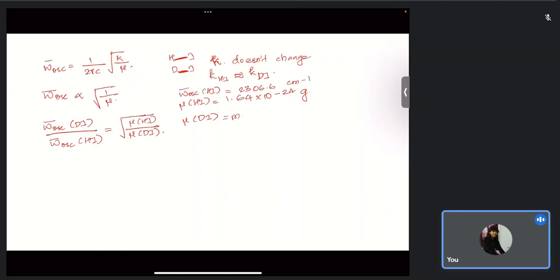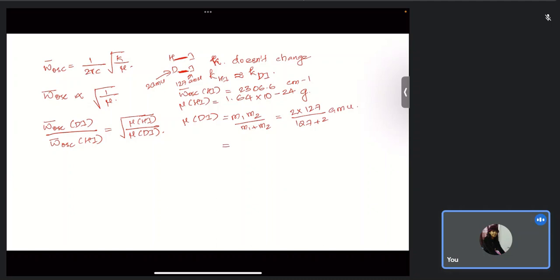So the reduced mass of DI we have to calculate. That is M1 M2 divided by M1 plus M2. So this is 2 AMU, whereas this one is 127 AMU. So 2 into 127 divided by 127 plus 2, this much AMU is going to be the reduced mass.